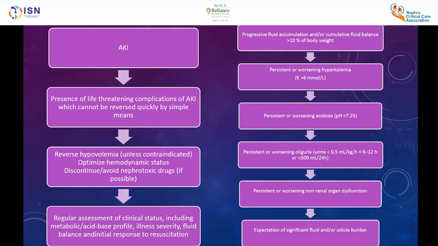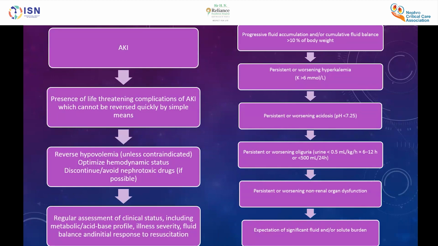So to conclude my talk, just a small chart. When there is AKI and life-threatening complications of AKI are present, which can't be reversed by conservative management, then we need to think about RRT.